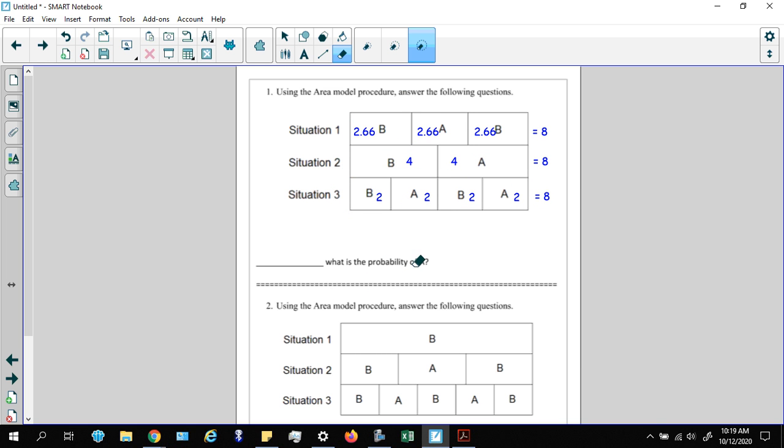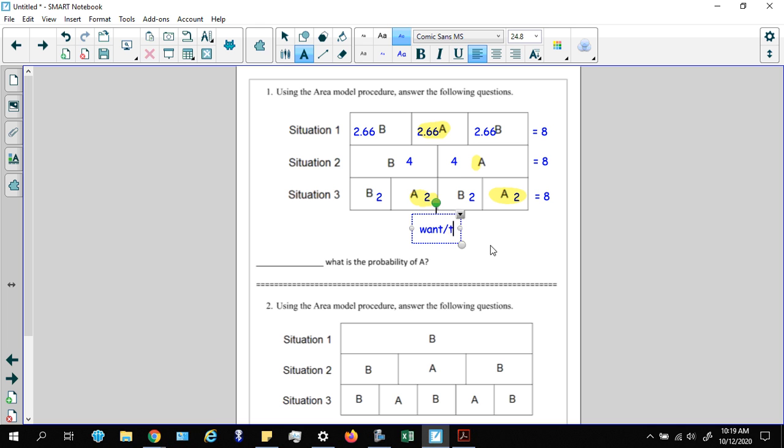It says, what is the probability of A? So I'm going to go through: that's an A, that's an A, that's an A, and that's an A. Remember, when we're dealing with probability, it's what I want divided by the total. What I want are all those A's, which ends up being 10.66, which is 2.66 plus 4 plus 4.